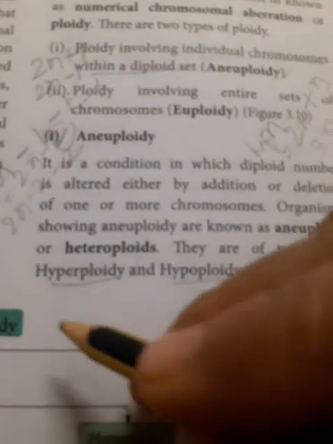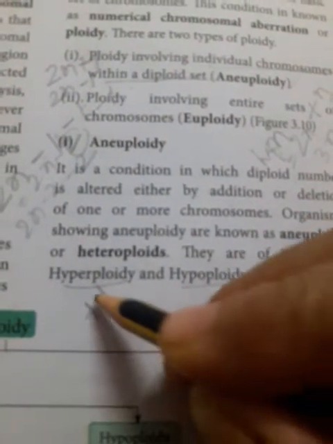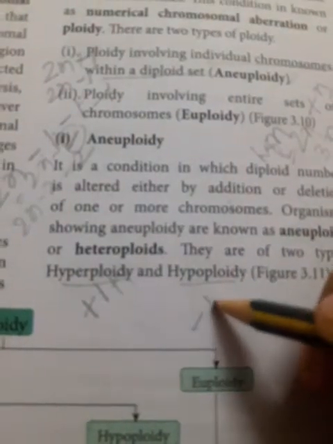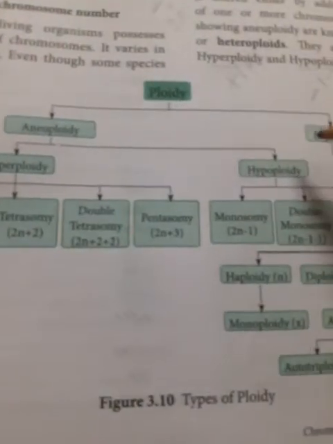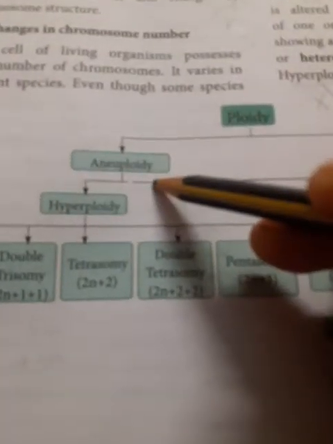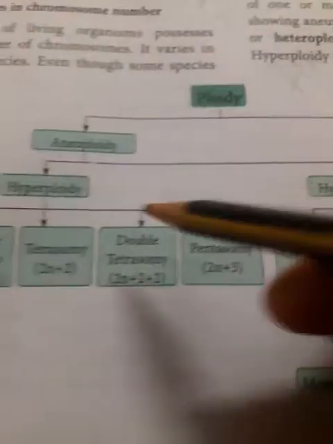Hyper means chromosome number is added. Hypo means chromosome number is reduced. So keep in mind that ploidy has two types, aneuploidy and euploidy, and aneuploidy has two types, hyperploidy and hypoploidy.